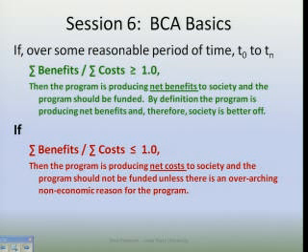And so then again, it has to be, is there a general social consensus that indeed this is a good program? And is there the political willpower or the political capacity to push this in light of all of the other projects that might be out there that have better benefit-cost ratios?